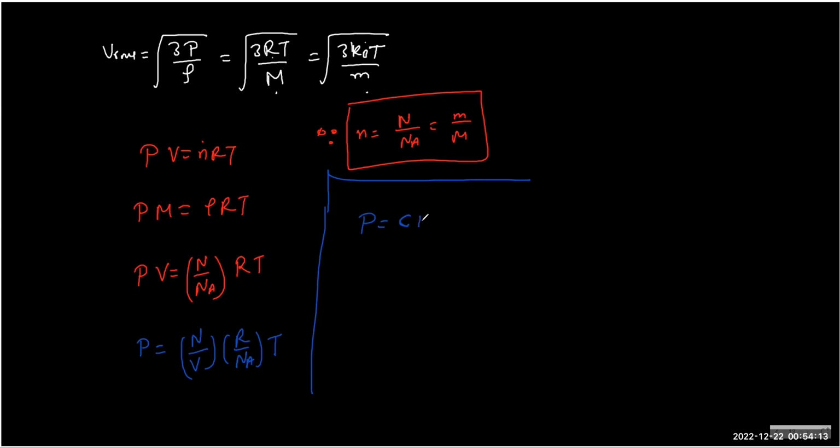R by NA is called Kb. Why is it close to my name? CKP is the CKT. P equals C kT. So C is called molecular concentration.